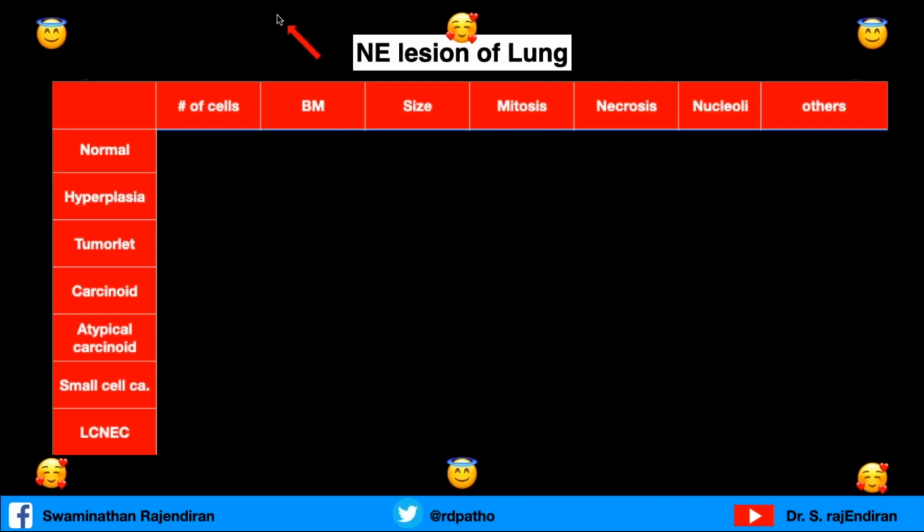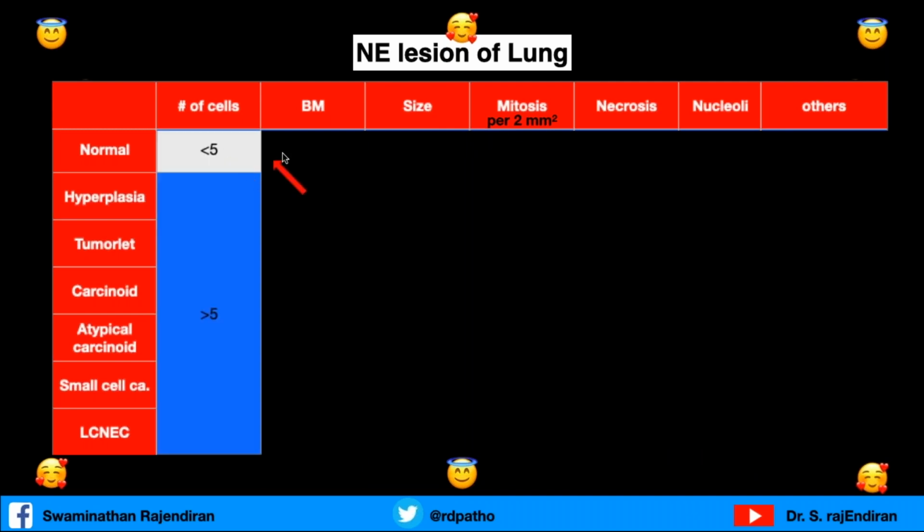So what do you have to look for? You have to look for the number of cells, the basement membrane, whether it is beyond the basement membrane or within it, the size of the lesion, mitosis, necrosis, nucleoli, and other features. Mitosis is counted not per 10 high power fields, it is per 2 millimeter square. So when the number of cells is less than 5, it is normal.